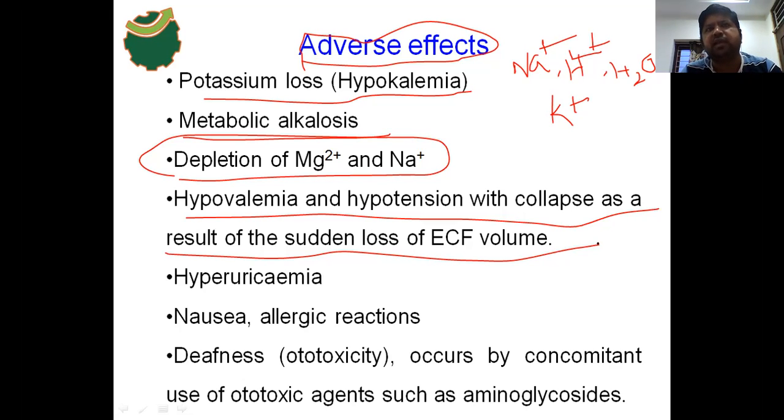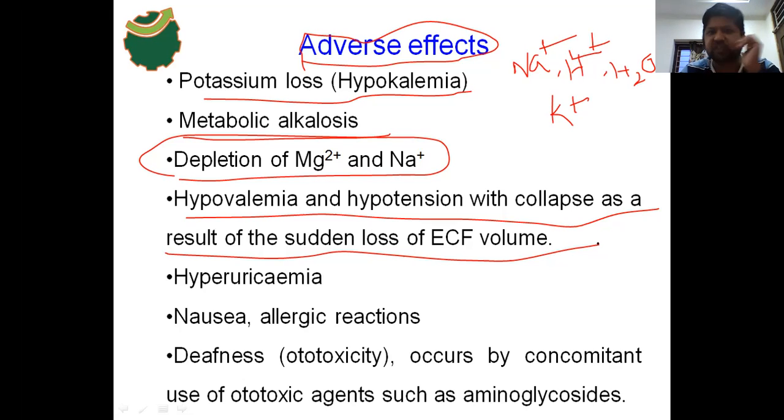In hypertension, blood volume will be high and it has to be brought to normal. But if you consume the drug in higher dose, blood volume will further fall down. More water will be excreted and blood volume will suddenly fall. As a result, blood pressure will decrease and that may result in hypotension. And hypotension will result in collapse.